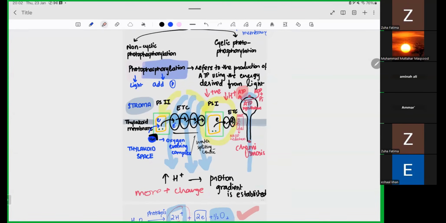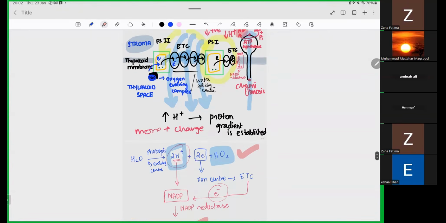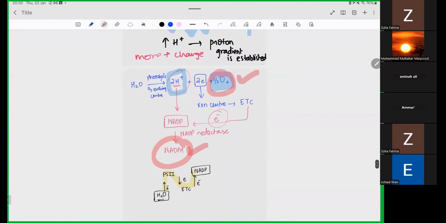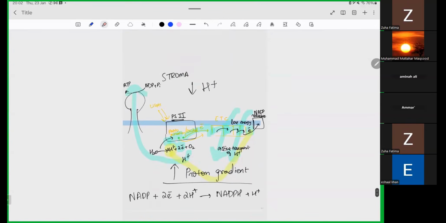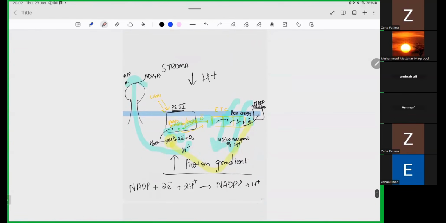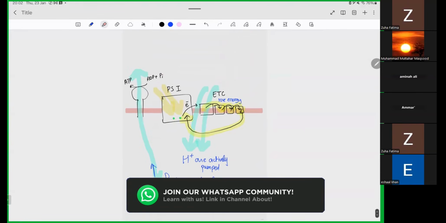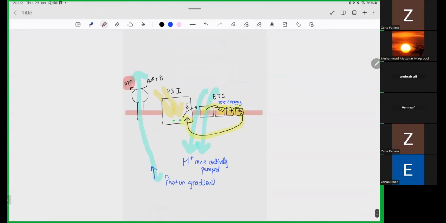So there are three things that we are forming in non-cyclic photophosphorylation: ATP, oxygen, and NADPH or reduced NADP. On the contrary, when we talk about cyclic photophosphorylation, we are only making ATP. There is only one product in cyclic photophosphorylation.